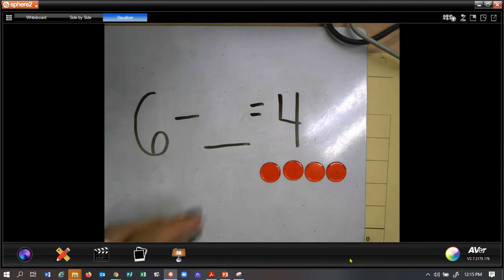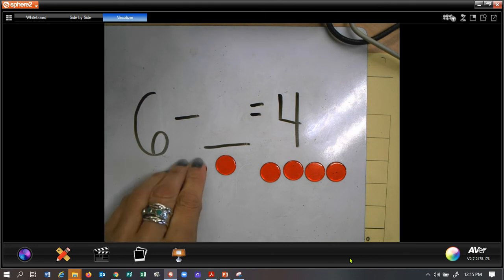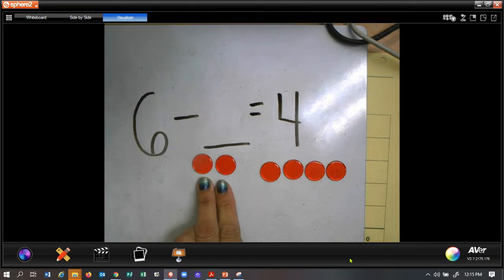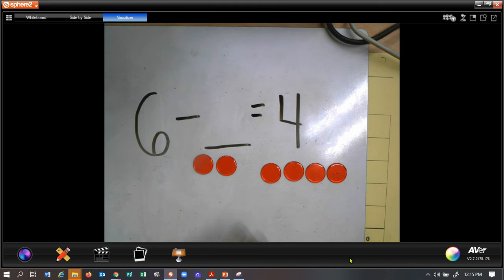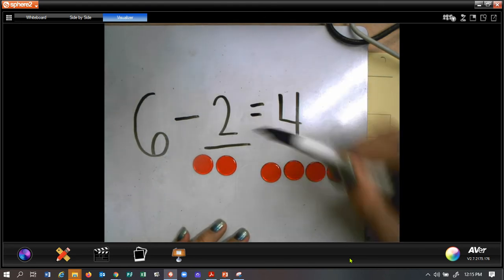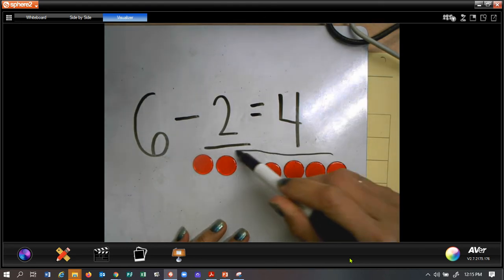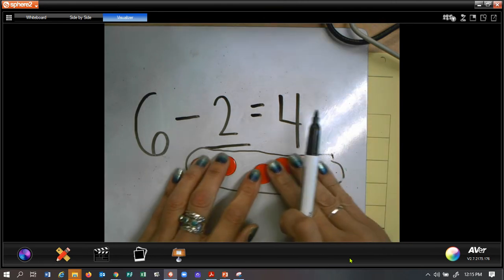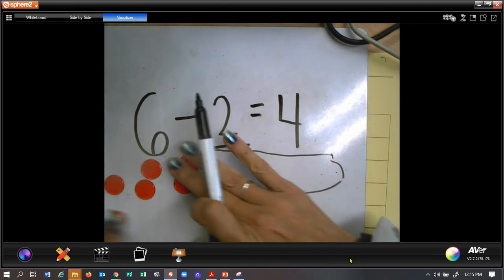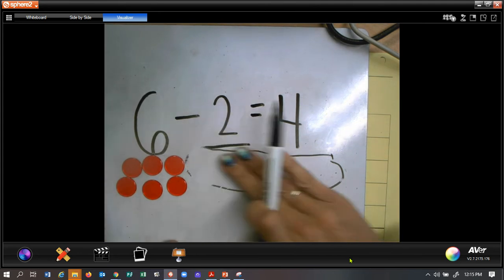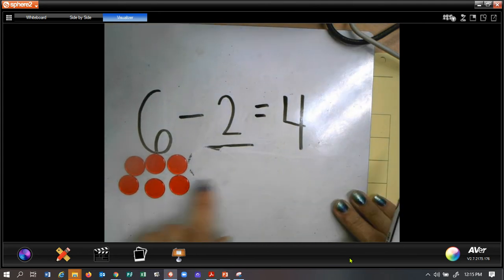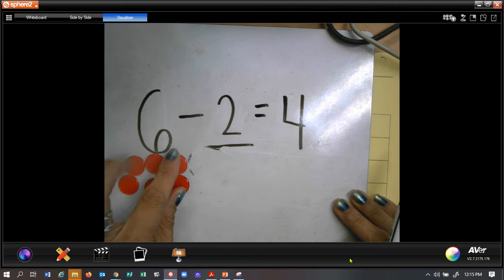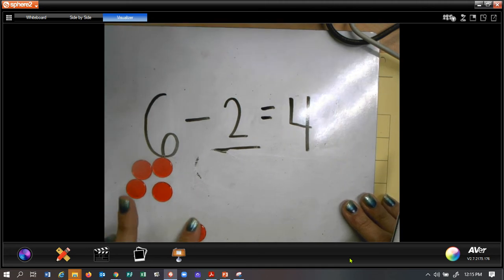That answer would be 2. I have 4, 5, 6. I need 2 more to make 6. This is my whole, 6. So remember, I could start with 6. I could move all these 6 over. And then it says if I take away 2, I'm left with 4.